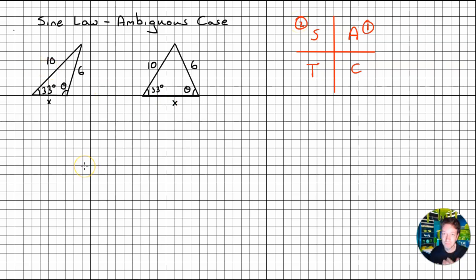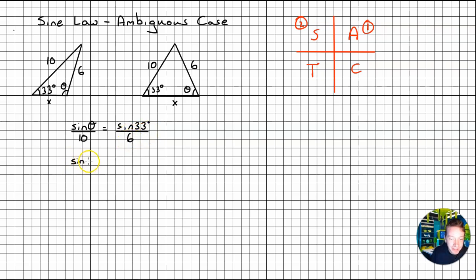So let's just blindly go ahead and use the sine law, see what we get. So if we were to solve for theta, we can say the sine of theta over 10 is equal to the sine of 33 degrees over 6.